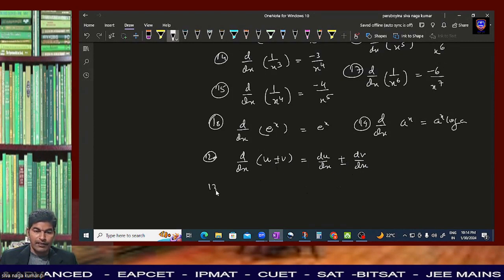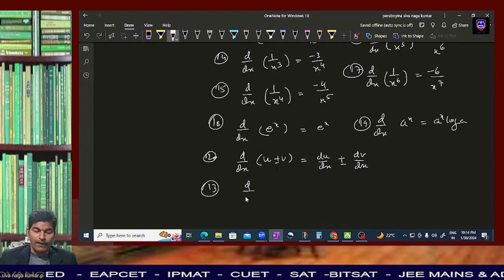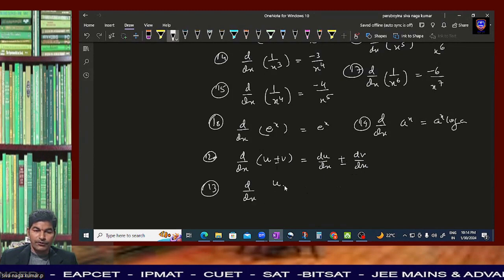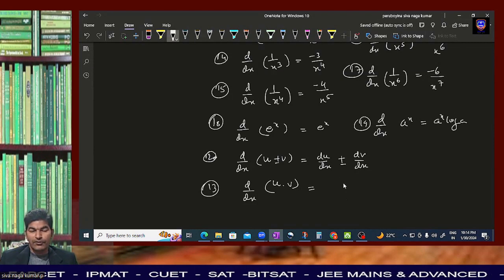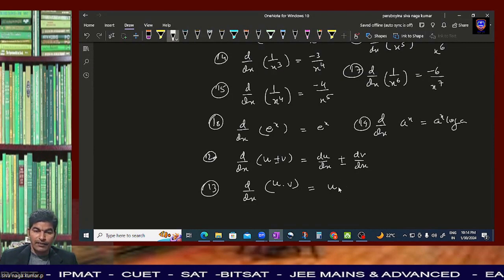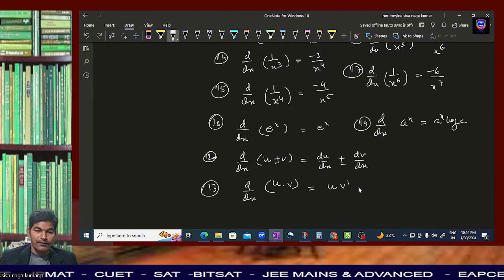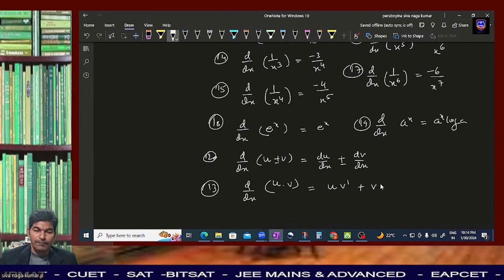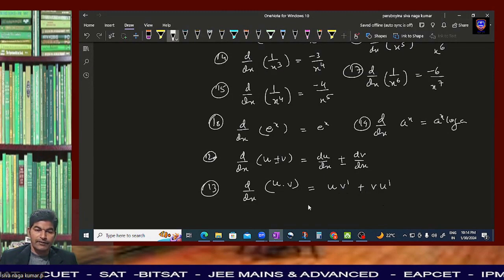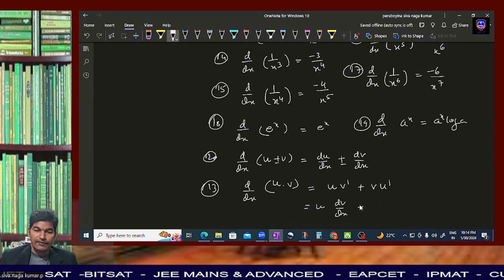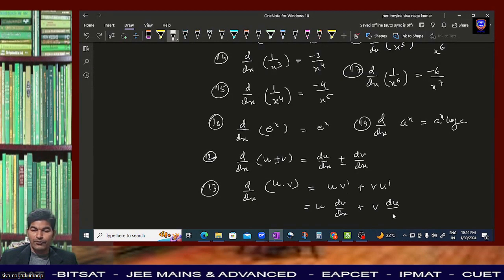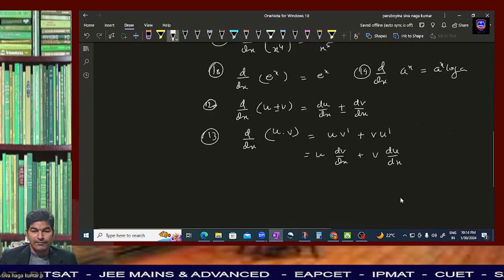Next, 13th, d by dx of u into v. It is also called the multiplication rule of differentiation. It is generally noted as uv dash plus vu dash. This is also known as u into dv by dx plus v into du by dx.